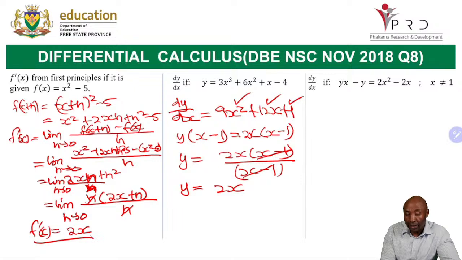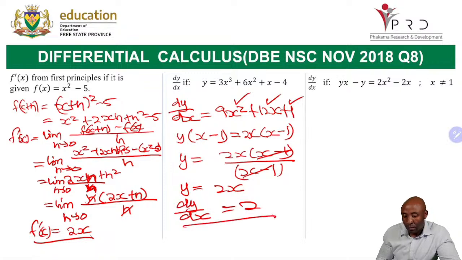After simplifying, then I can apply the rules. dy/dx will be equal to 2, and then we get our marks there. Please, let's get these marks. Let's not leave them.